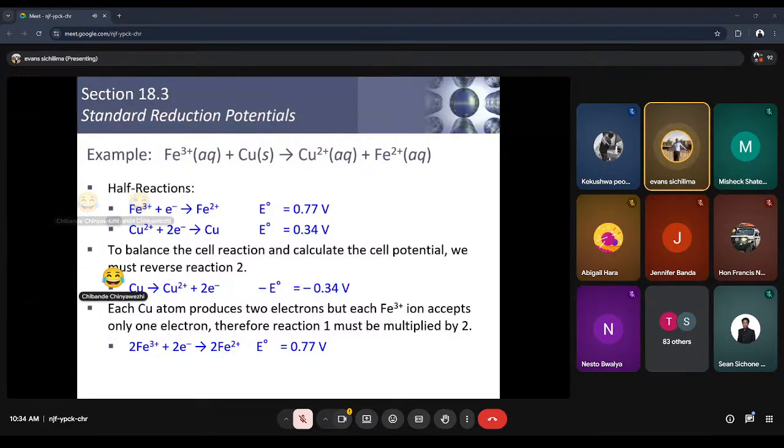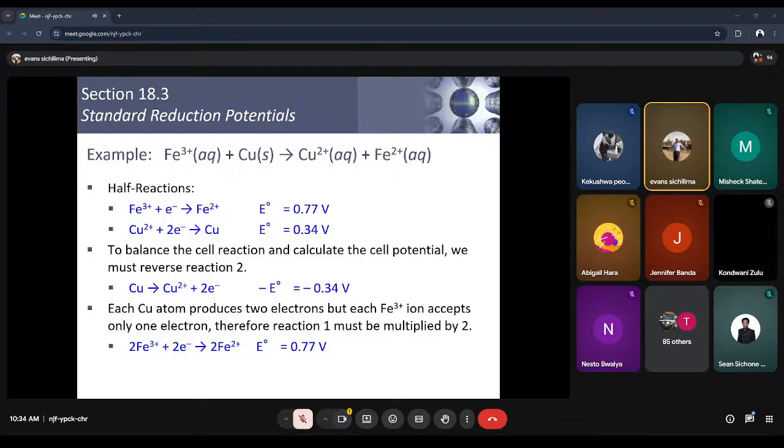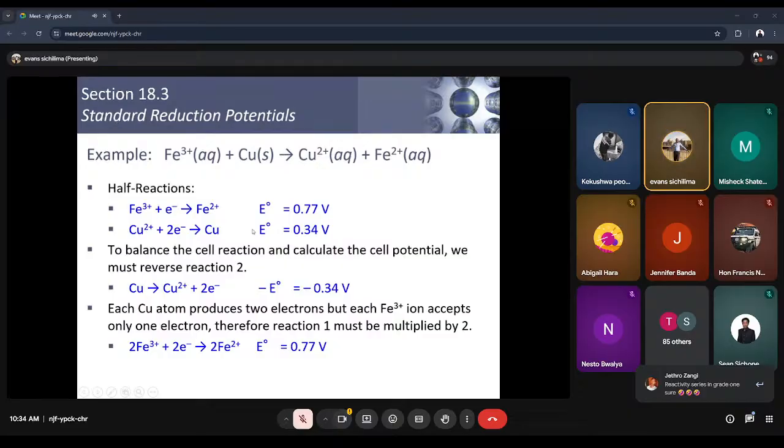So the one that is more reactive mostly gains electrons from the other guy who will lose electrons to this more reactive. But that's another discussion for another day, because it's not consistent throughout. There are some other cases that need to be explained. But for now, at least you can get a glimpse of what is happening here.